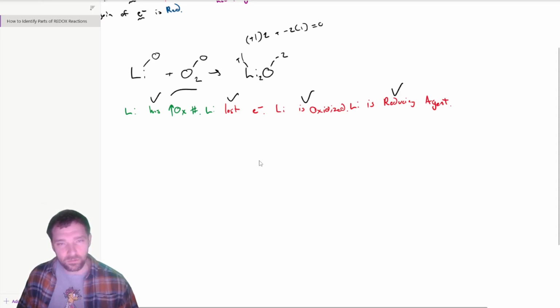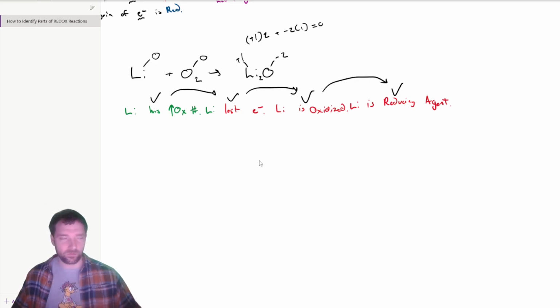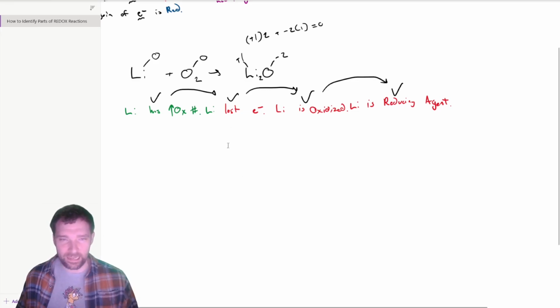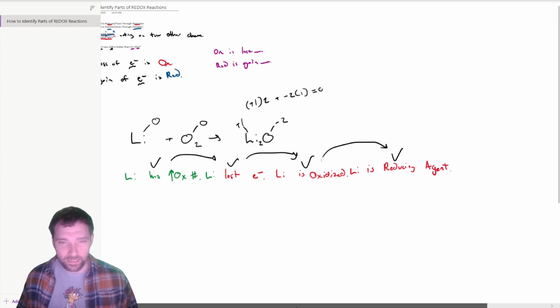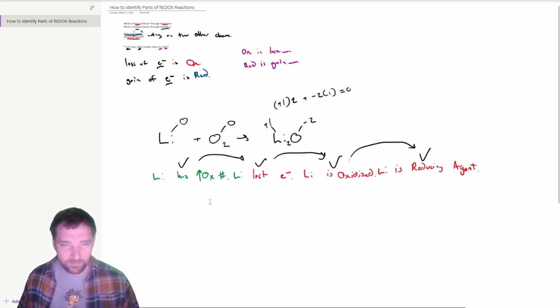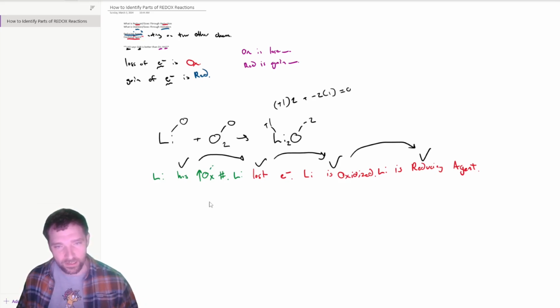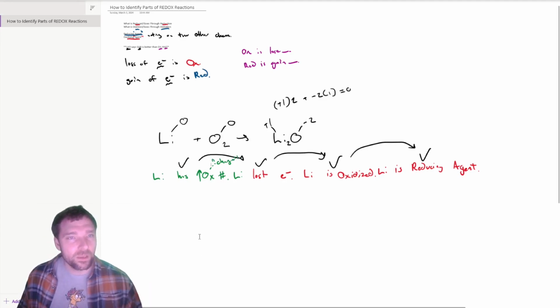Each time you go to the next one is a place where your brain might cross the wires. If you're doing a hard test, it's very easy to accidentally say oxidation when you meant reduction. If we have a loss of electrons, it's like charge going up. You could even write charge here just to help clarify. Same sort of deal here with oxygen.